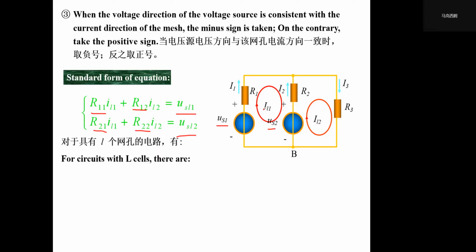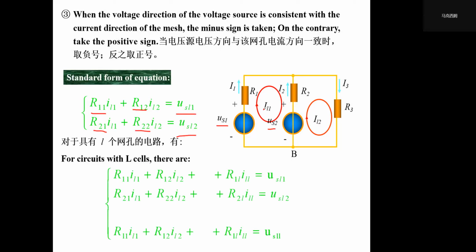So for a circuit which has L meshes, we can write a set of equations like this: R11, R22, and finally RLL, and we have R12, R21, and R1L, like this.